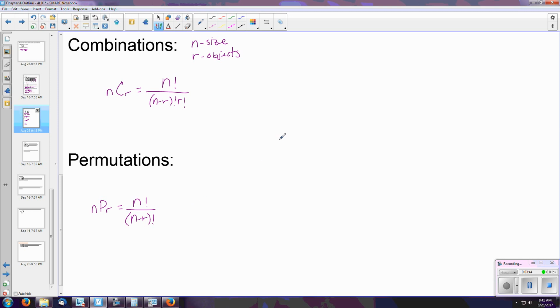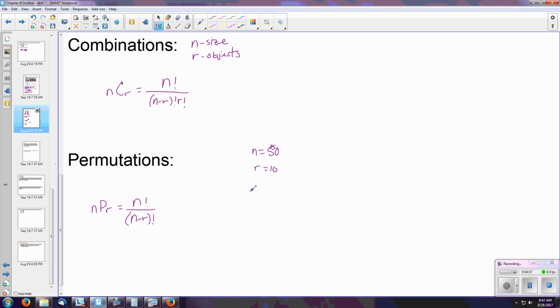So keeping in theme of that example, let's make it a little smaller because the calculator will overflow for something like this. Let's say you have n equals 50 songs and you want to select 10 songs for your list. If the order matters that you're putting them in, we're going to use a permutation.